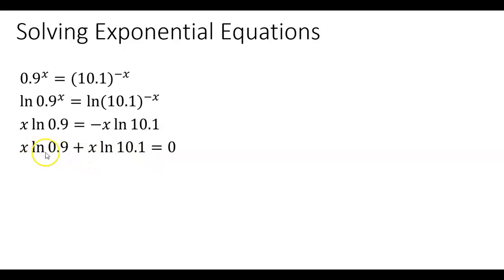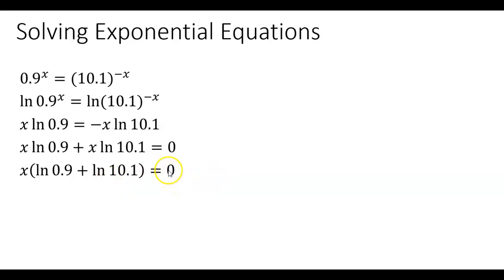And from here, I have the common factor of x, so I can factor that out. And then finally, I can divide both sides by this huge value here, the natural log of 0.9 plus the natural log of 10.1. But in this case, it's not really important to calculate that.